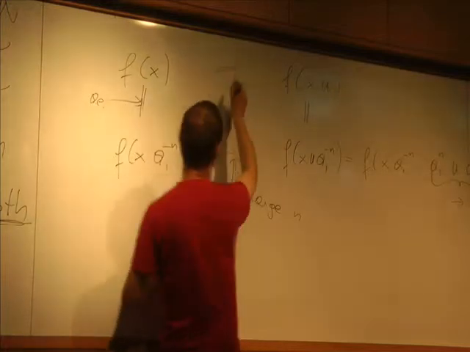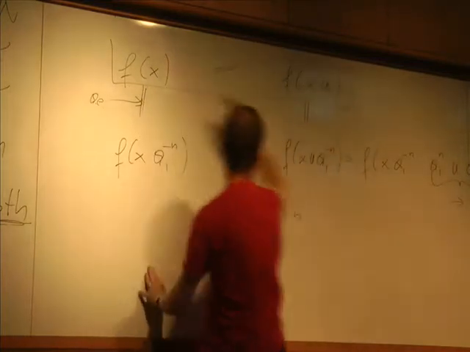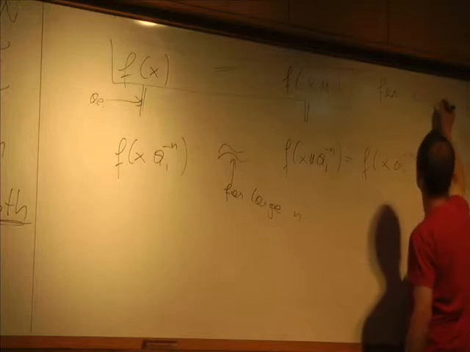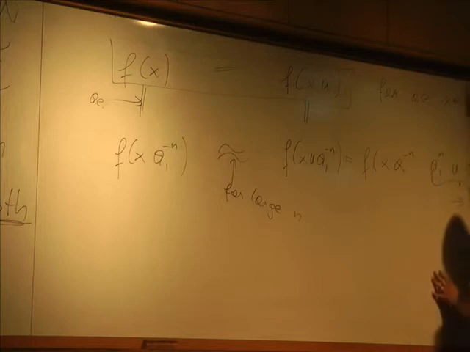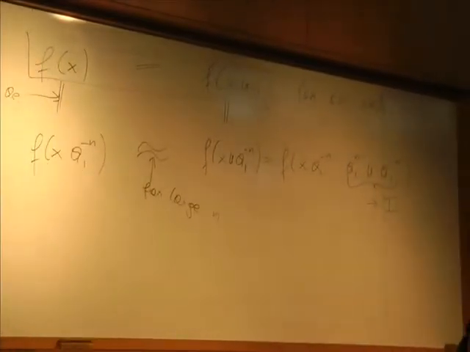So we have shown this. To be precise, we have shown this for almost every x in x1 intersection x1 u inverse. Now you let epsilon go to 0 and you're done. We have shown it for almost every x.